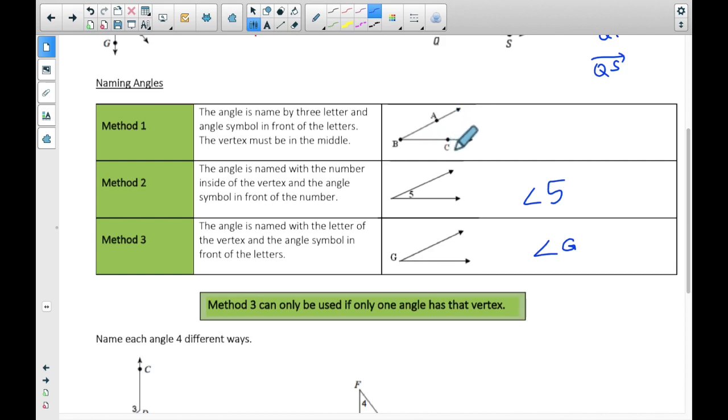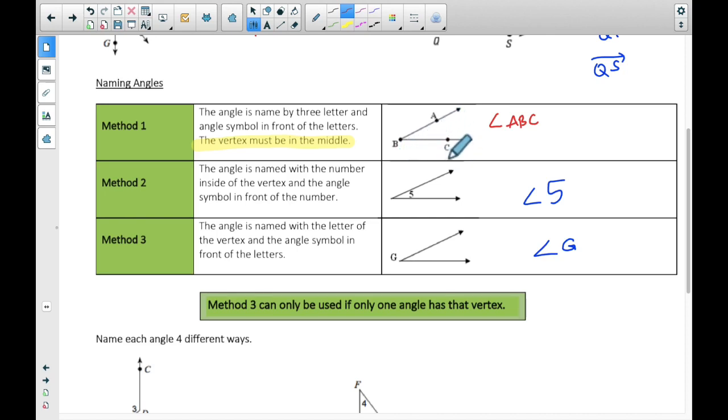This one, there are several different options. With it, you really have to be careful. The vertex must be in the middle. You have to go in order, and when I say go in order, I mean the vertex has to be in the middle. So we could call this angle ABC because I'm going in order. Like if I drew this, I would go ABC.